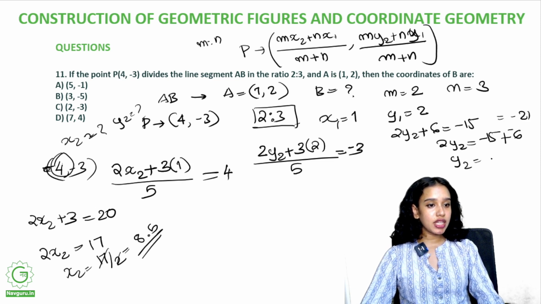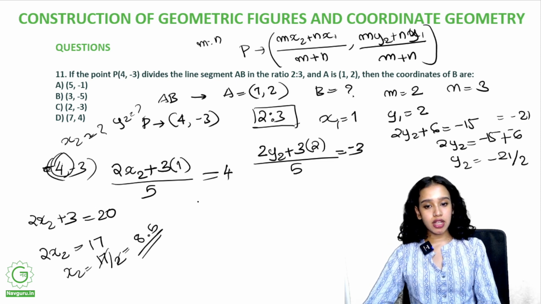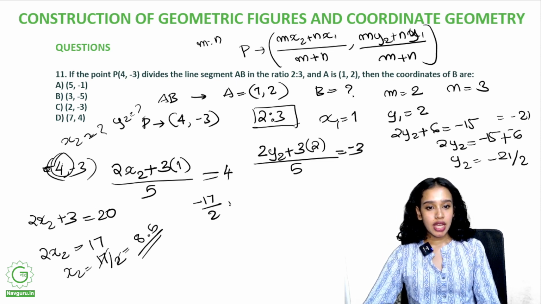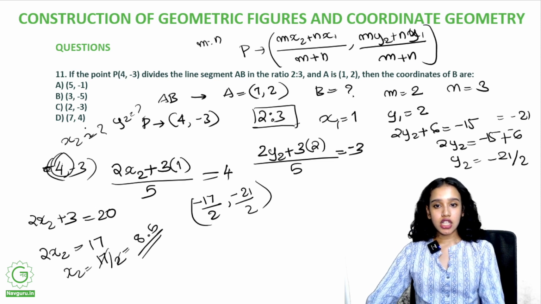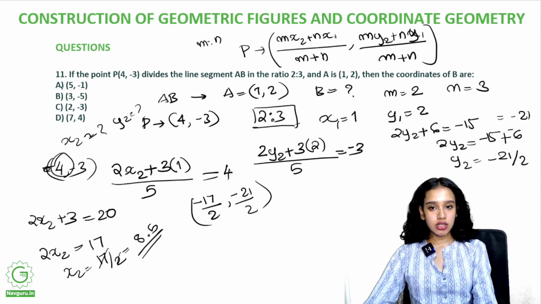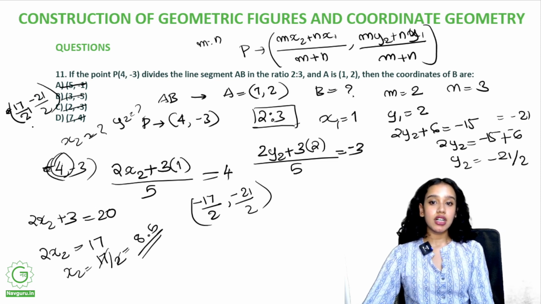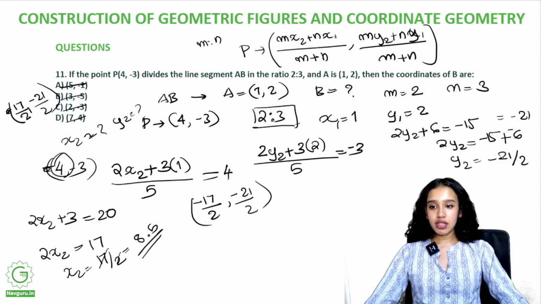So y2 would be equal to minus 21 by 2, right? So the answer given is wrong here. The answer for this question is 17 by 2 and minus 21 by 2 are the coordinates of B, right?